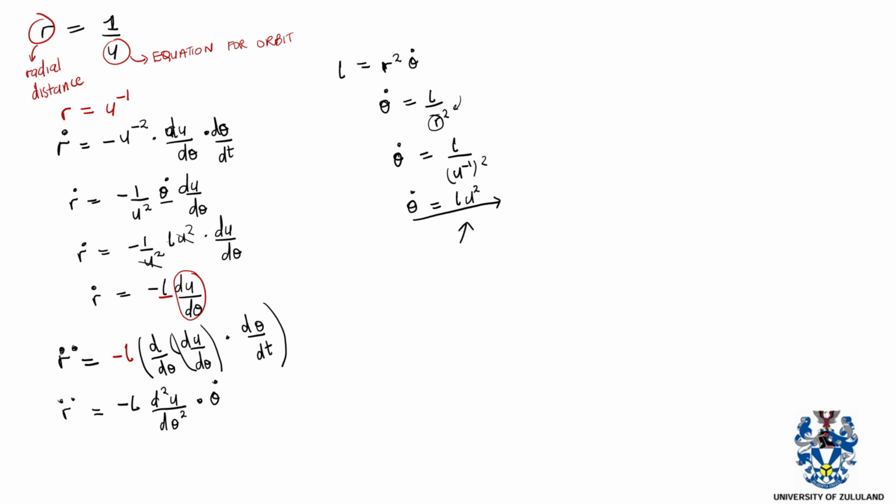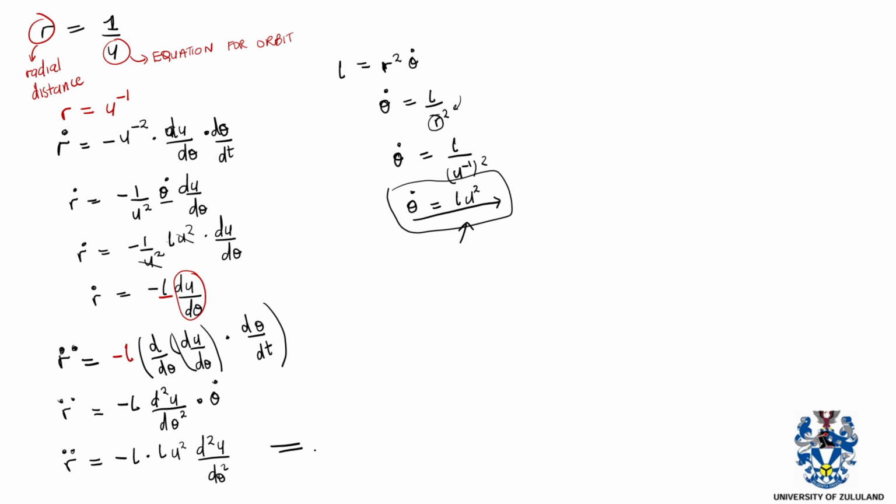And then to find our final expression, r double dot will be equal to negative L times theta dot. Remember, it can still be written as L times u squared. Then this is going to be d squared u over d theta squared.